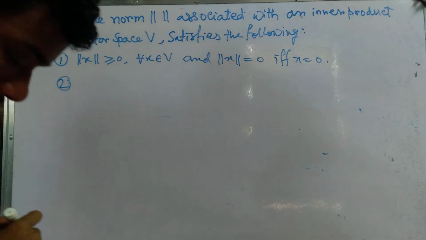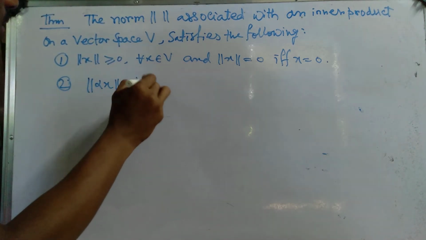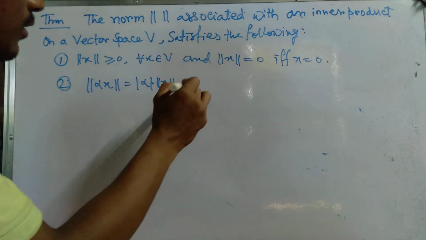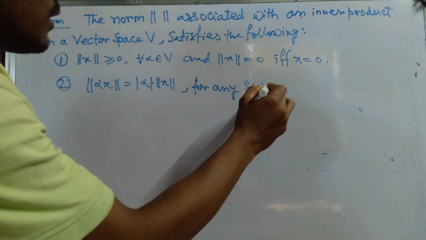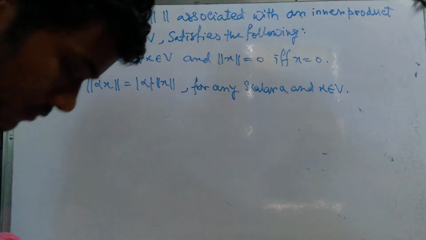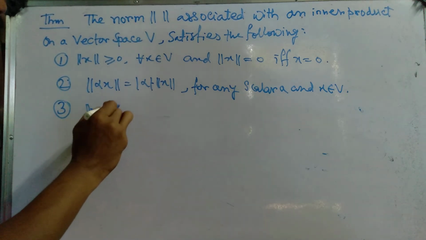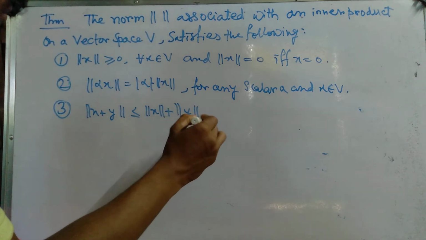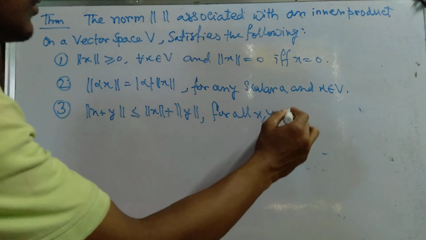Number 2, norm of alpha x equals mod alpha times norm of x for any scalar alpha and x belonging to V. And number 3, norm of x plus y is less than or equal to norm of x plus norm of y for all x, y belonging to V.